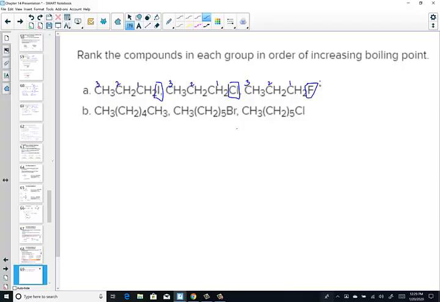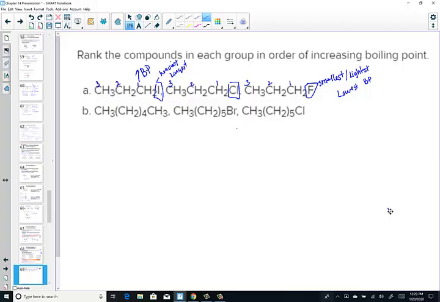So the smallest halogen, which in terms of size, but it's the lightest molar mass as well, is going to have the lowest boiling point. Whereas iodine is the heaviest in terms of molar mass, and it's the largest surface area. It's a big old atom, meaning this is going to have a very high boiling point. And chlorine would lie in the middle.